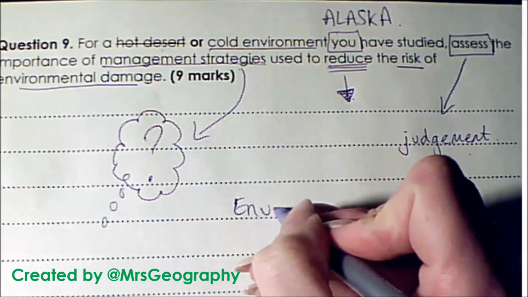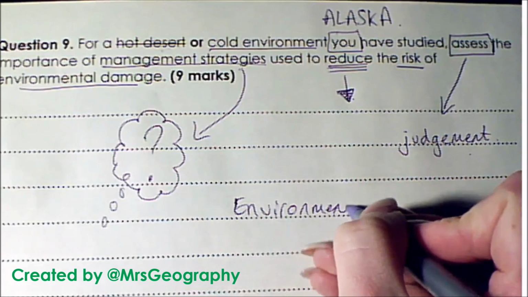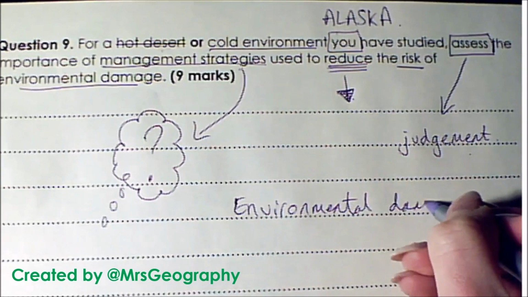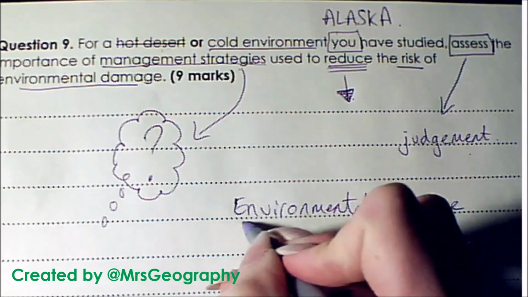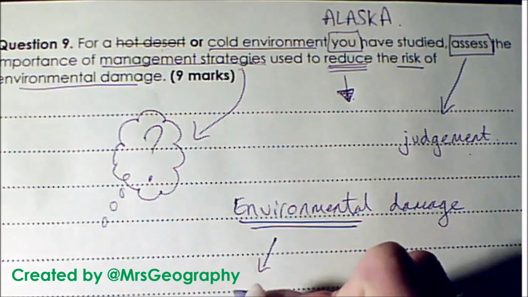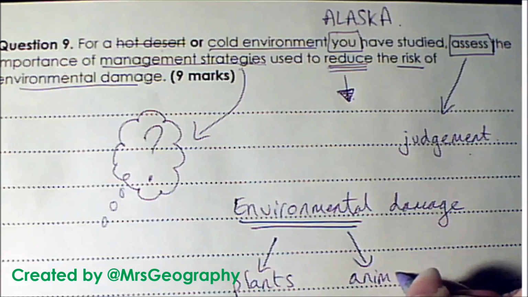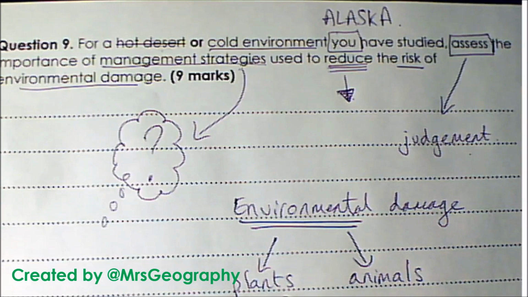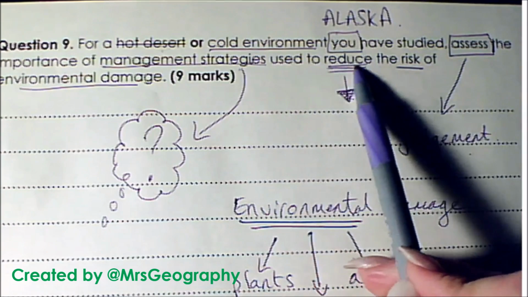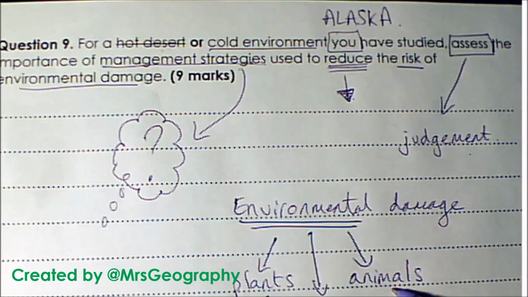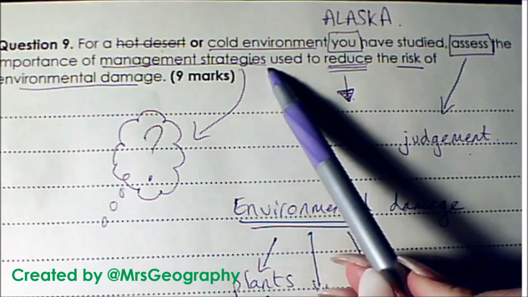So what is environmental damage? Well, environmental damage is when the environment, so things like plants, animals, so we know these as flora and fauna, and their habitats, is harmed. And how can we reduce the risk to these plants, these animals, and these habitats through management strategies?